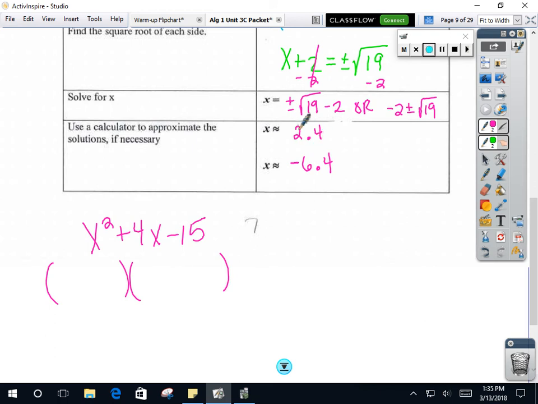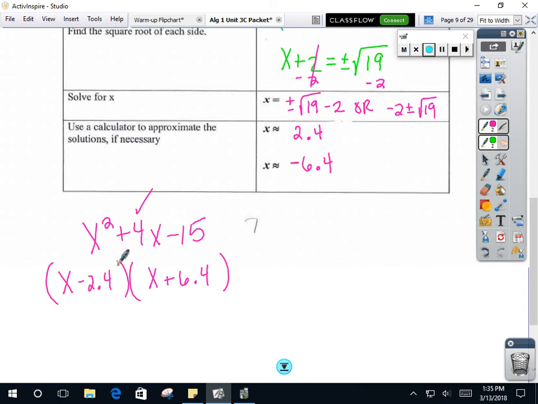Okay, but focus, if 2.4 is the final solution, doesn't that mean in factored form it would have been an x minus 2.4, the opposite sign? And this in factored form would have been an x plus 6.4? What is negative 2.4 plus 6.4? Isn't negative 2.4 plus 6.4 4?